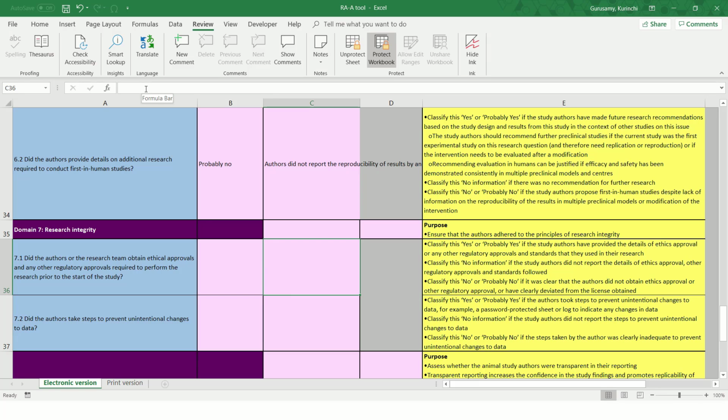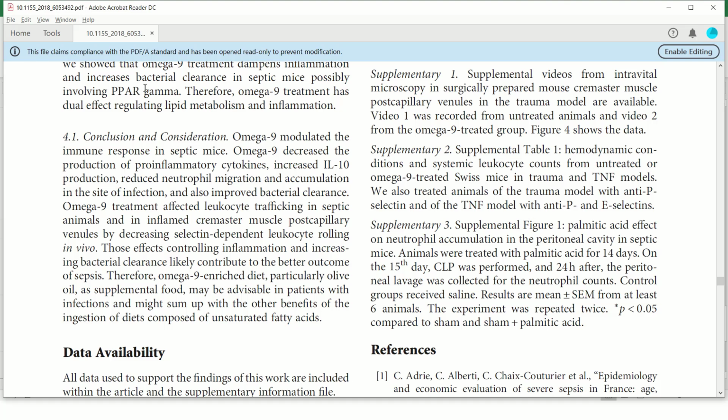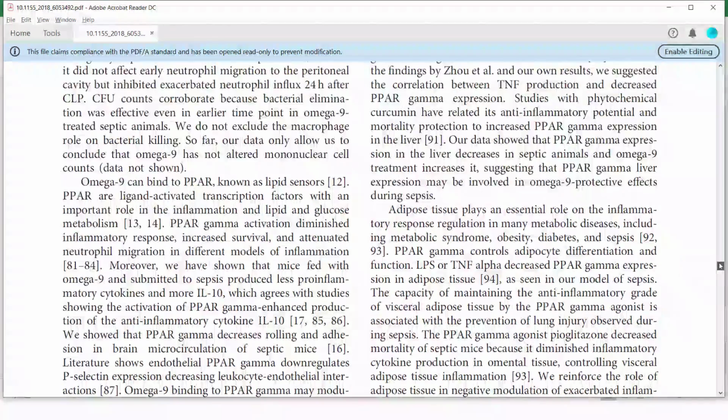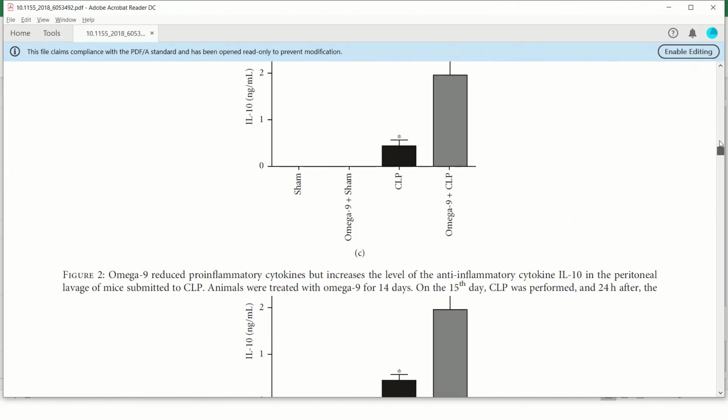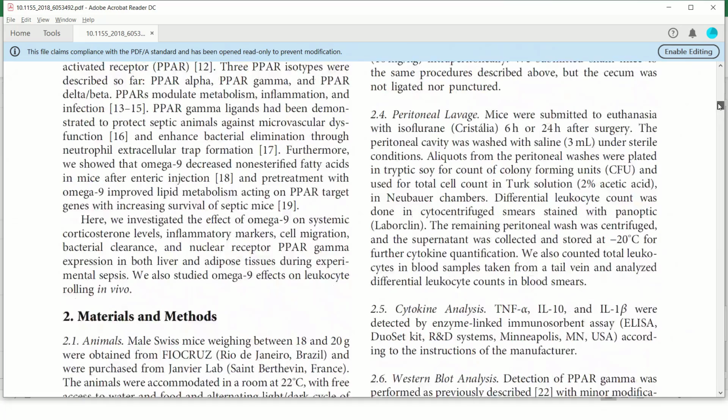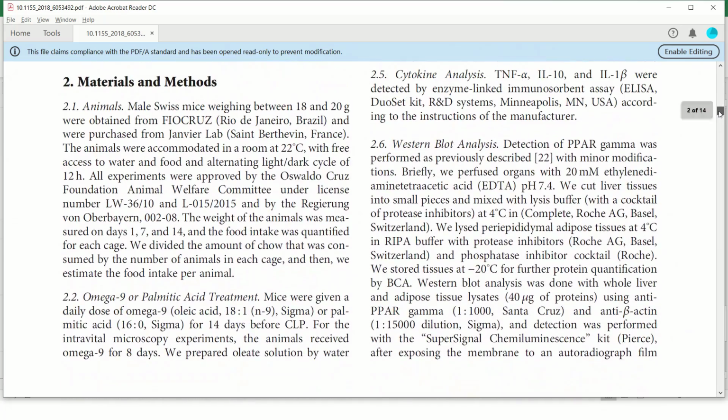Then: did the authors or the research team obtain ethical approvals and any other regulatory approvals required? Yes, they report that; you can copy and paste it there. I saw this when I was looking at the method section.